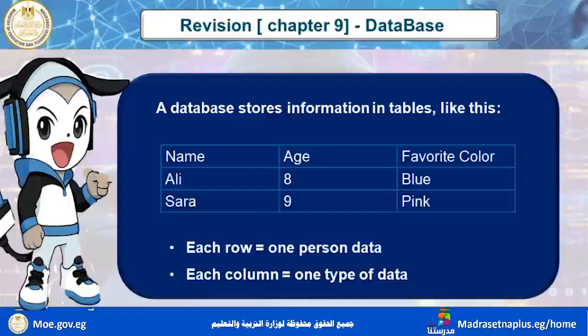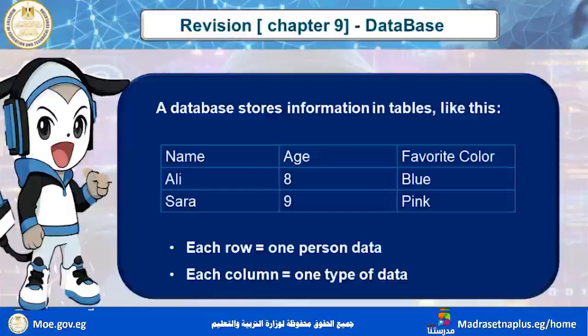So name here represents the column name, or what we call the field name, and it represents Ali and Sarah, only the names of the persons. The second column, or the second field, which is age field, represents the ages of them, one type of data. And favorite color represents the favorite color for each one, blue and pink.